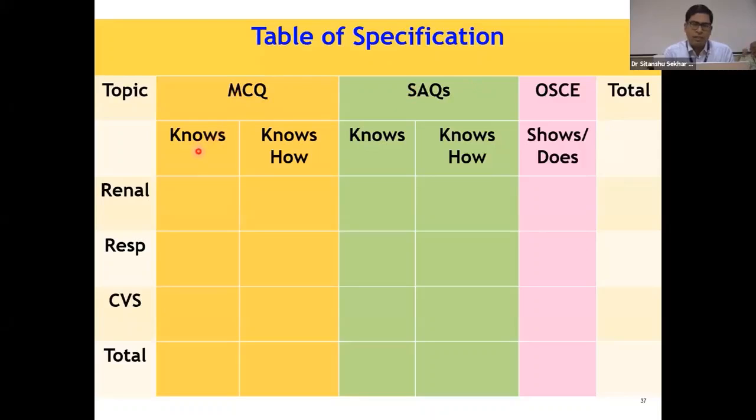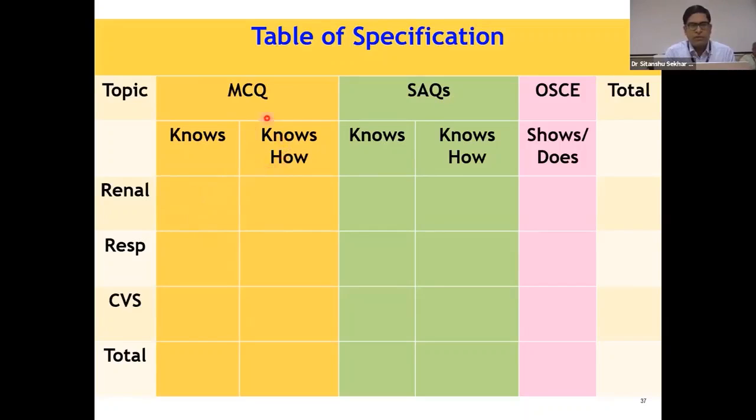Under the MCQ, again, we have to decide what percentage should be lower order thinking or knows only, the recall level, and we can also factor that in. So knows how. So there will be some difference. If we want medical school people to learn 1/3 to be knows and 2/3 to be knows how, then more weightage is given to the knows how component, because they will be dealing with real life scenarios. You can decide 50-50, or you can give more percentage to knows or knows how. So 60 for knows also is possible. That is again another round of discussion with the experts, and you can decide how strict you want your threshold to be.